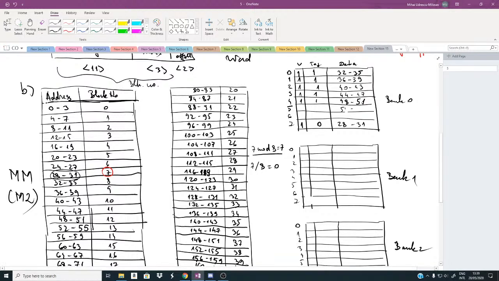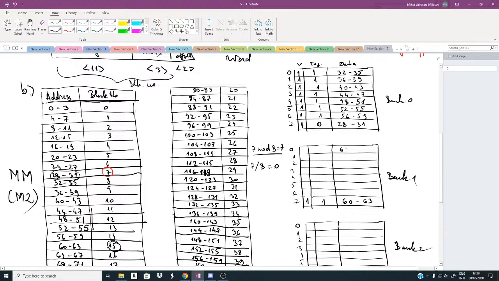So it's 52 to 55, 56 to 59, and 60 to 63 is here. You see, it's block number 15. Modulo 8, that's 7, and the quotient is 1, so the tag is 1 here.